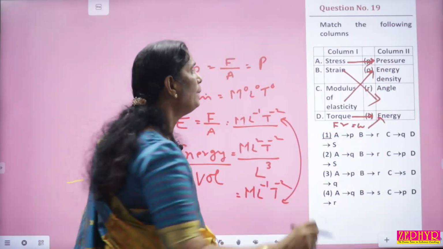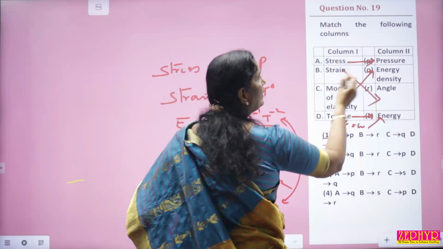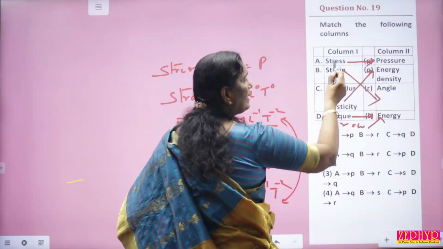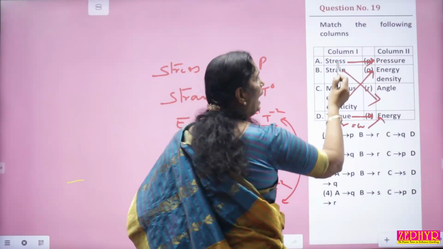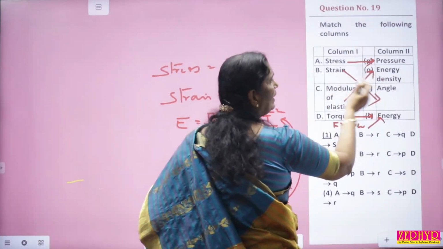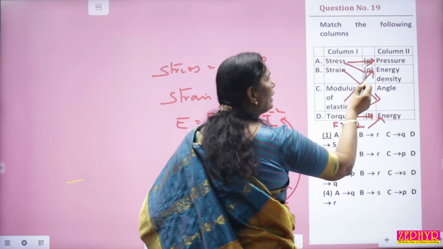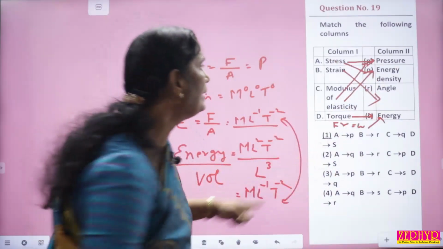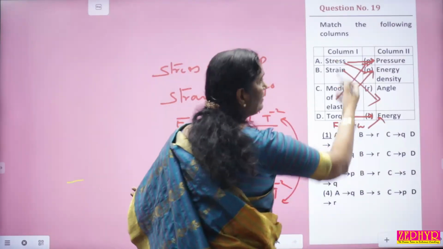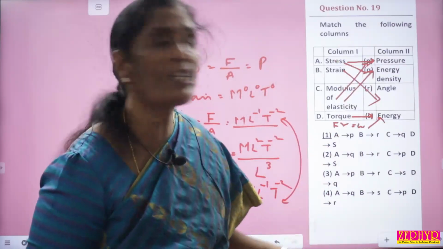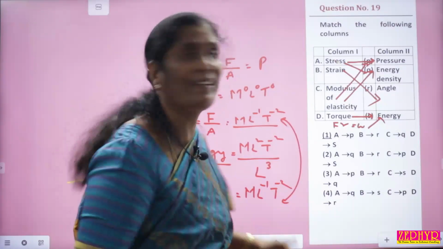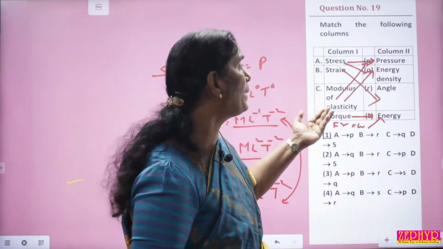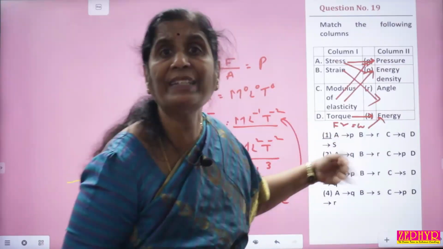But you can ask me, ma'am, stress and pressure, stress and modulus are the same, so why not give it this way or that way? Yes, now you can understand. In the choices, there are 2 answers for stress: pressure and energy density, because stress and modulus are the same.